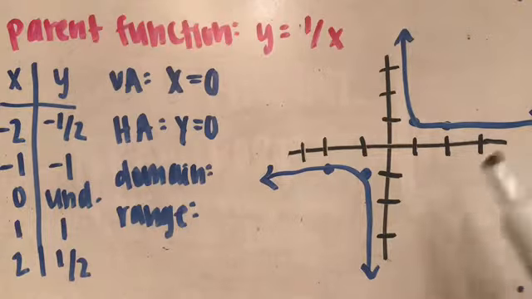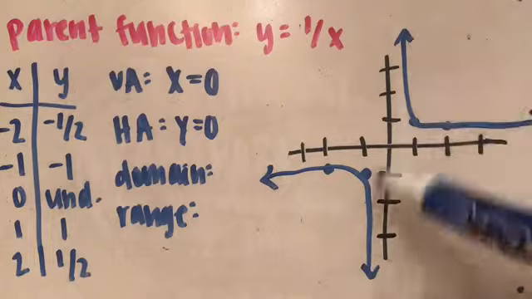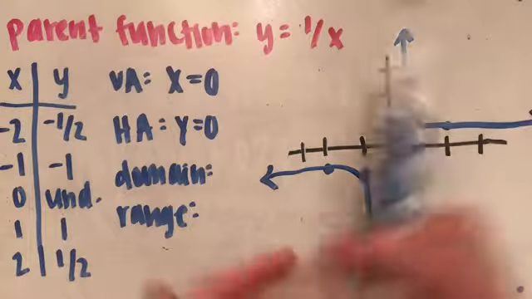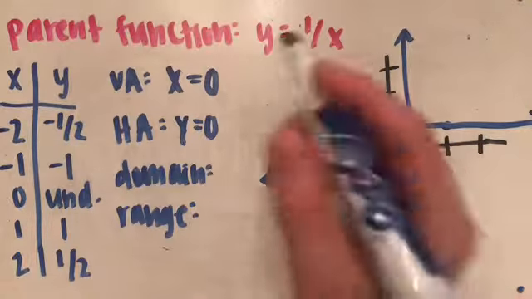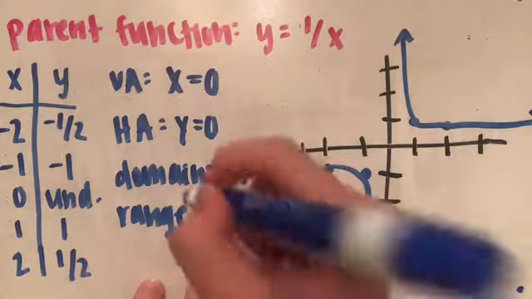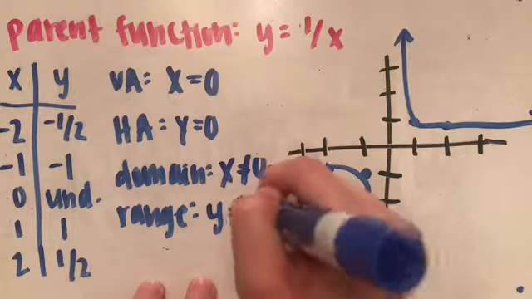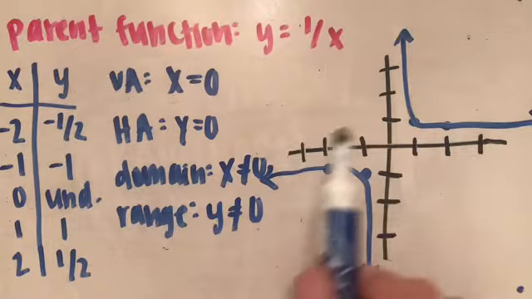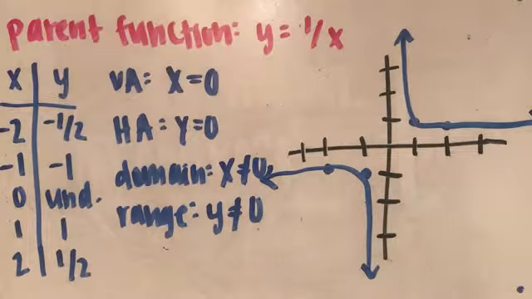So x cannot be 0, because that's our asymptote, the line that it can never cross. And y cannot be 0, because you can't ever touch that line. So that's how you graph the parent function, find the vertical and horizontal asymptotes, and find the domain and range.